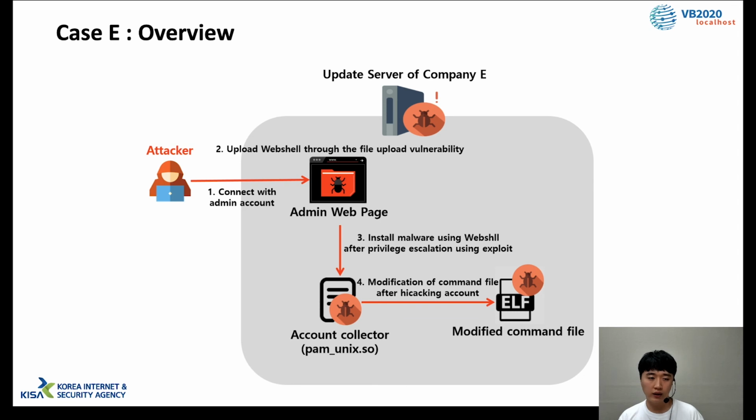The attacker gained access to the server through the uploaded web shell and succeeded in elevating privileges to root with some vulnerability. Then the attacker tampered with the pam_unix.so file to collect internal account information. Thanks to the immediate report of the victim, we were able to block the attack before the attack was fully completed.